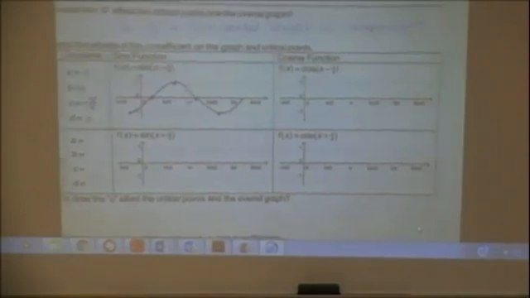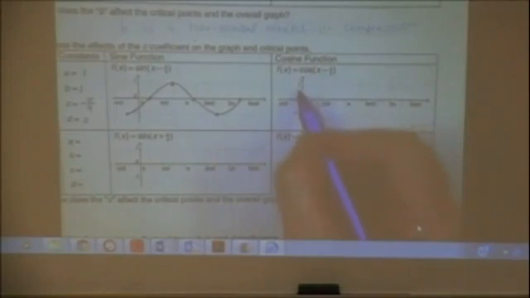Same thing for cosine, which normally starts at 0, 1, but now it's going to start at pi over 4, 1.